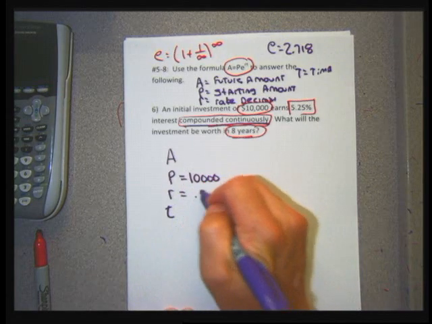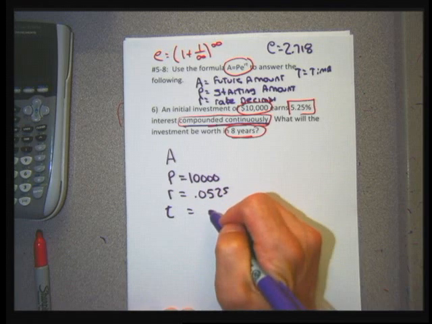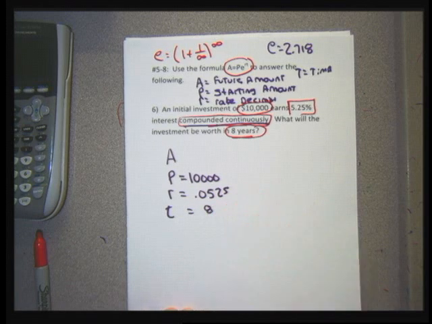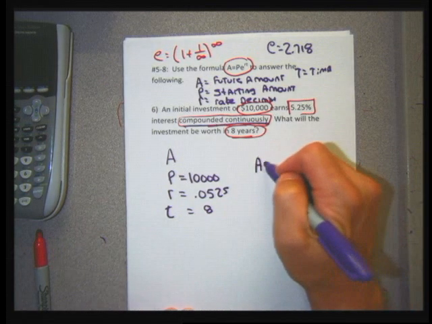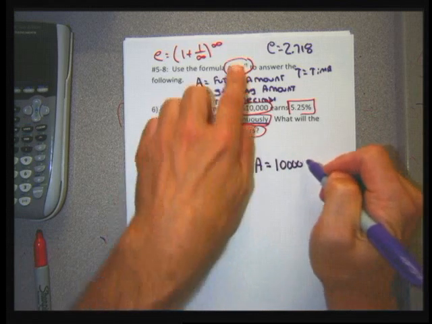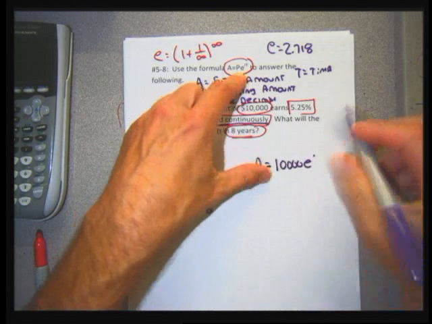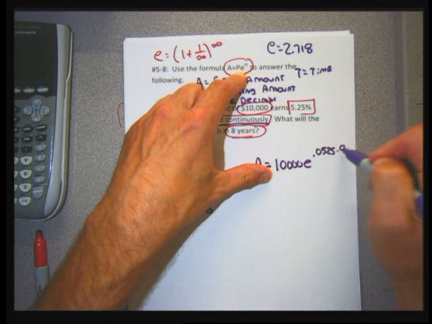R is the interest rate as a decimal, which is 0.0525. T is the number of years, which is 8. And I'm going to solve for the amount in the future, so I'm solving for A. So I'm going to throw those numbers into the formula and get A equals 10,000 times E to the 0.0525 times 8.